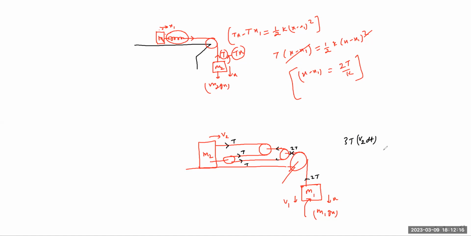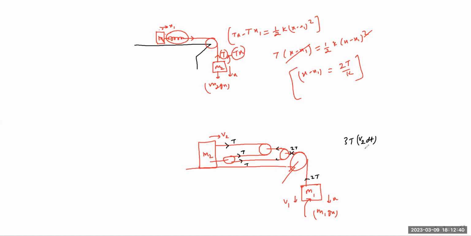The displacement of the block will be V2 dt. So force into displacement is called energy. Correct? Yes. So tension has given how much energy to M2? 3T V2 dt, isn't it?